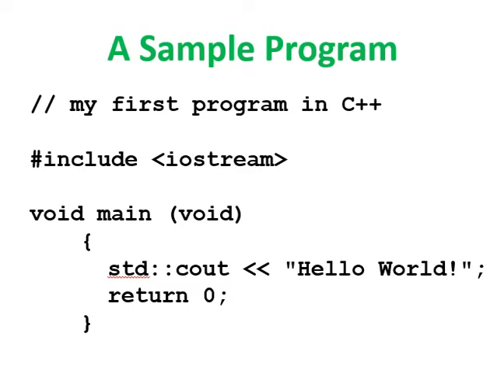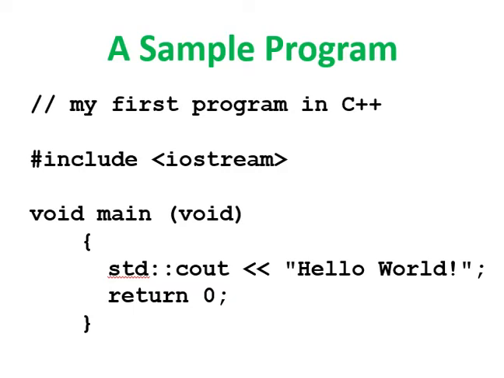Next, we can see the hash include iostream file. So what is this hash include? The hash include is a preprocessor directive used to include files in our program. Which kind of file is included in the program?